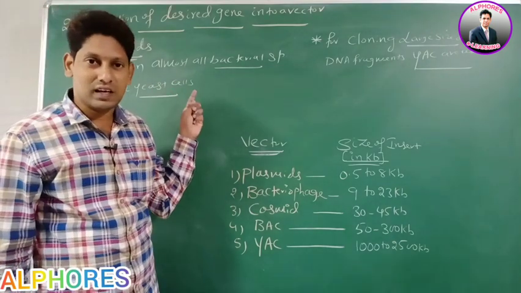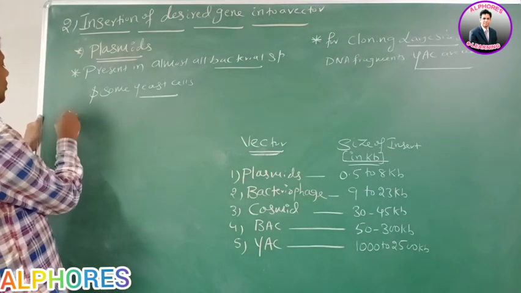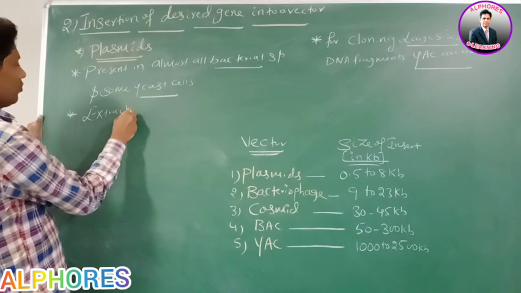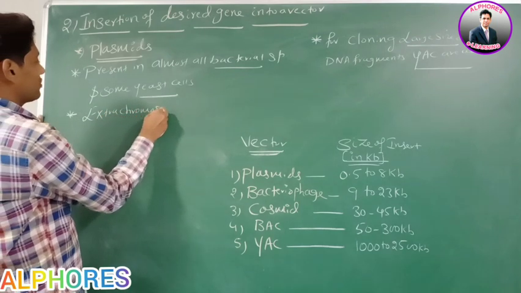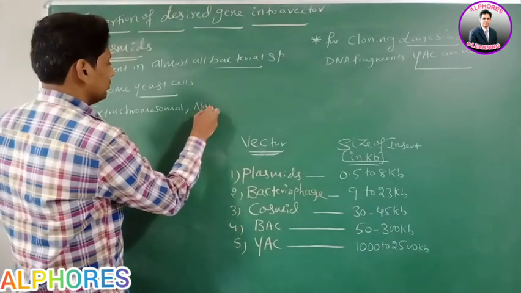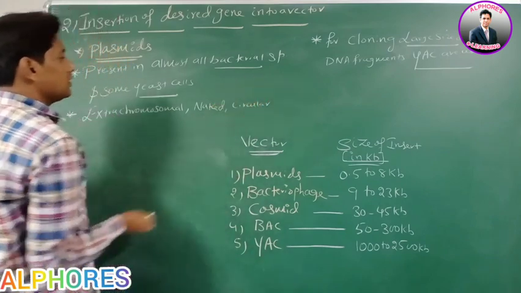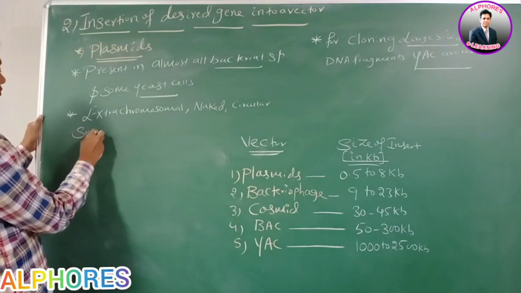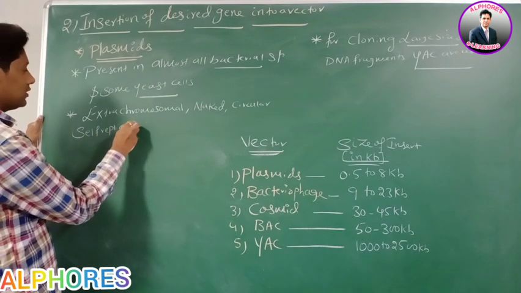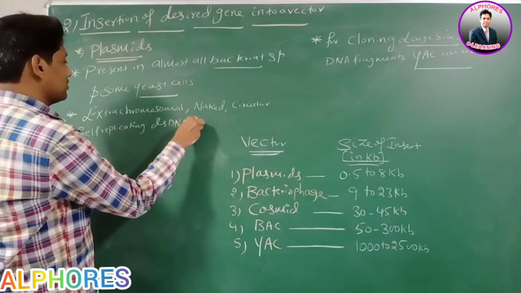Right. In first year, we read some statements concerned to plasmids. Sir, what are plasmids, sir? Plasmids are extra chromosomal. Yes or no? Extra chromosomal, naked, circular, self-replicating, double-stranded DNA molecules.